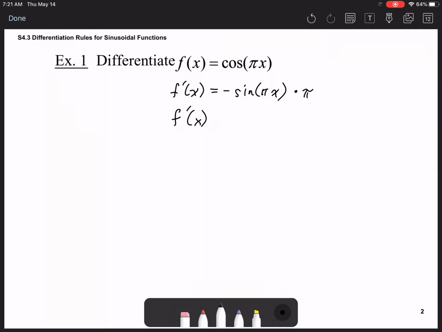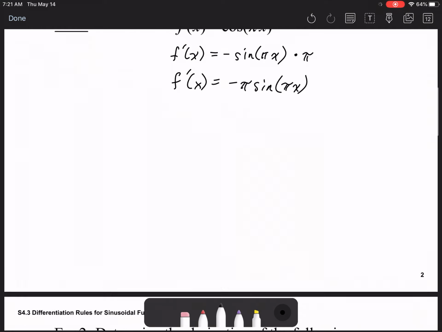Simplifying. And we get this. We can also use some of the simplification rules we learned in advanced functions to solve or simplify some of these problems. Okay, moving on along.